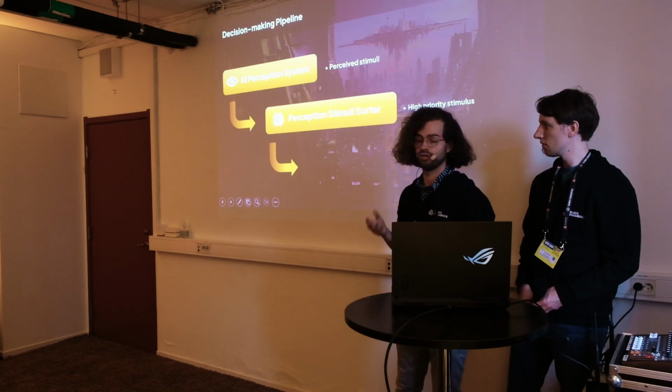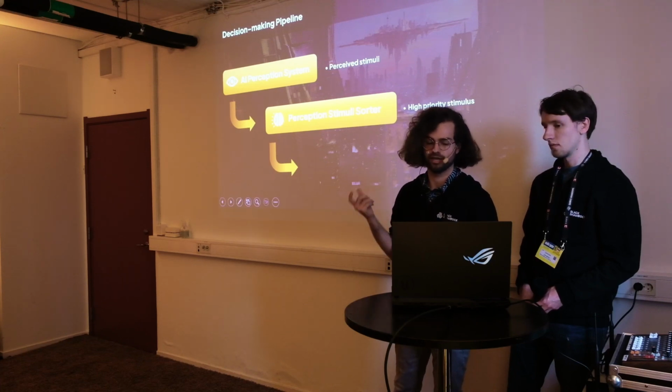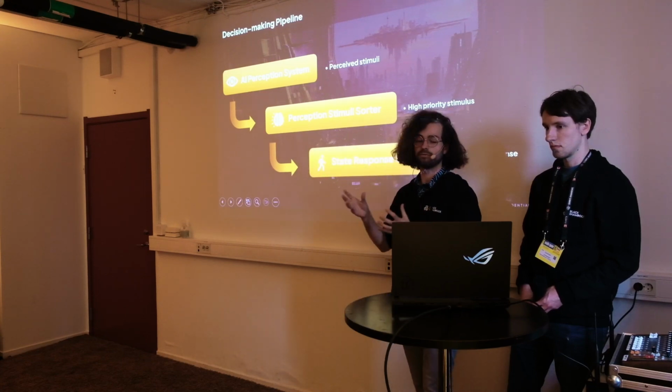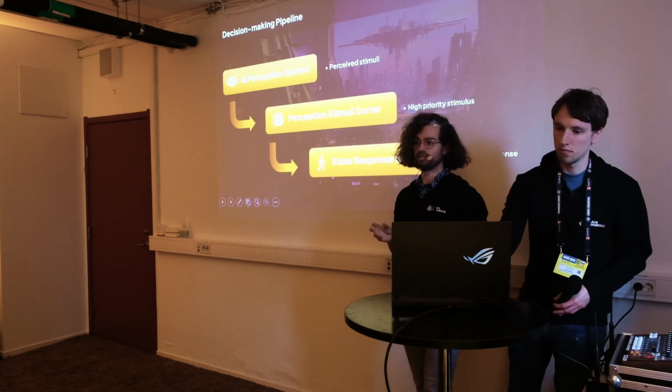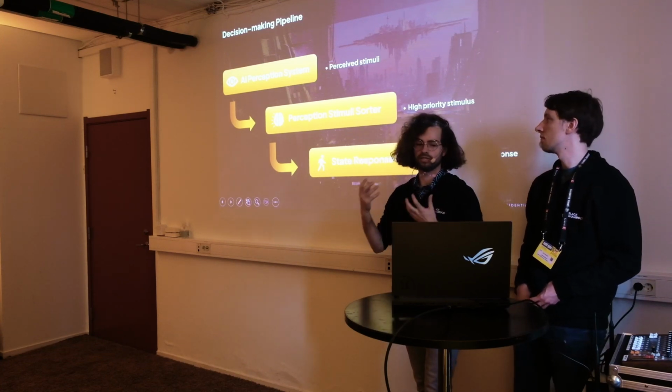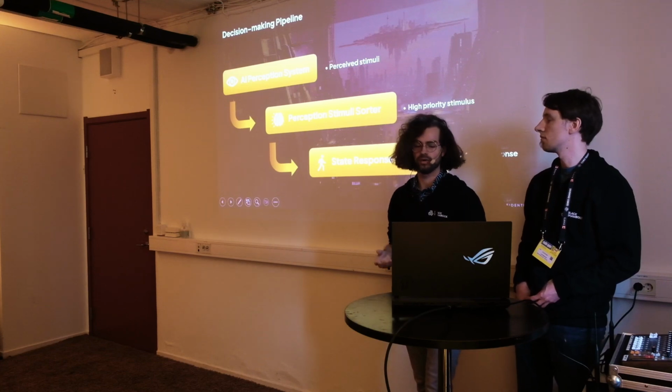And it also returns the highest priority stimulus for the source actor. That list of stimuli is finally sent into our state response selector. So this is the system that actually figures out, according to the stimuli, which action to take at that moment, or which state to go into.